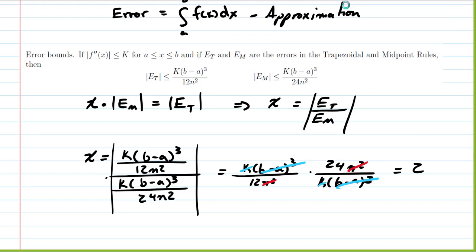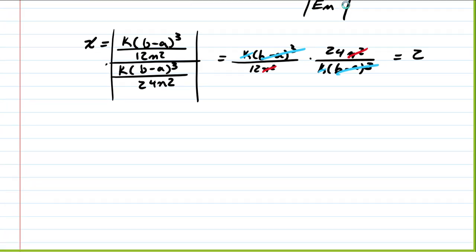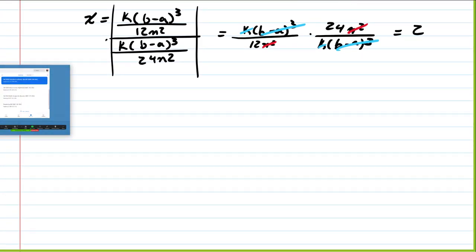So if we use those two rules, we're going to get half as much error with the trapezoid rule as we do with the midpoint rule. So basically, going from midpoints to trapezoids reduces your error by a factor of 1/2. All right, let's go ahead and use this to calculate some error.